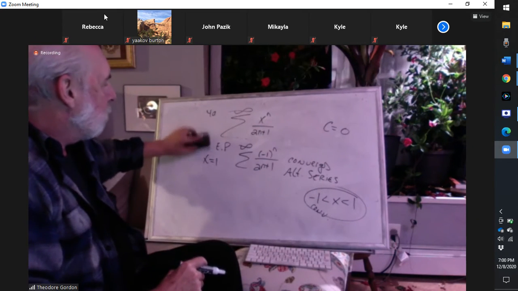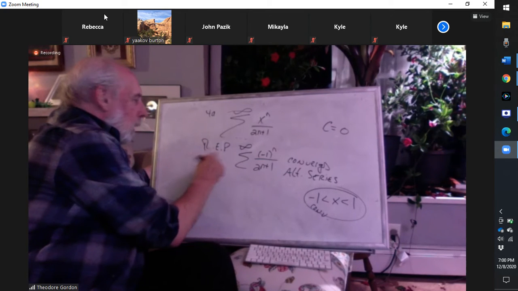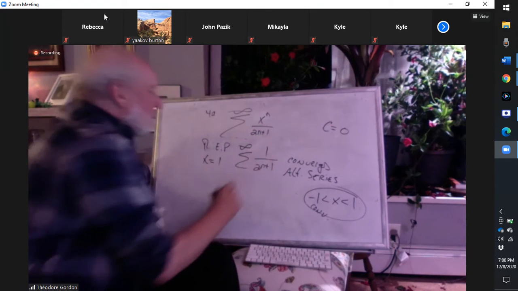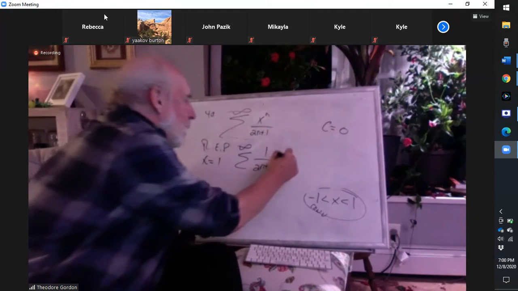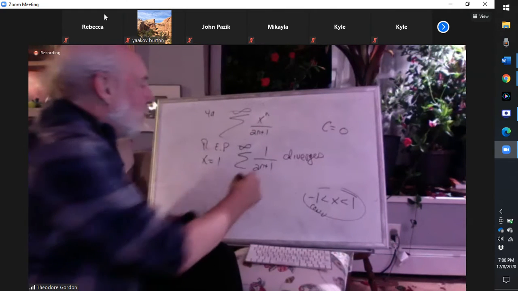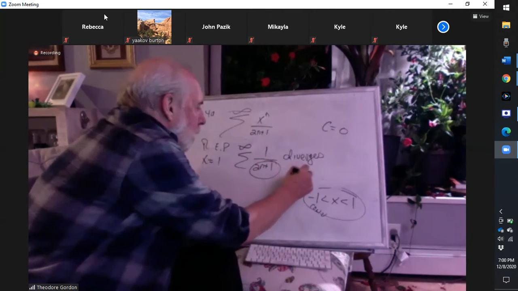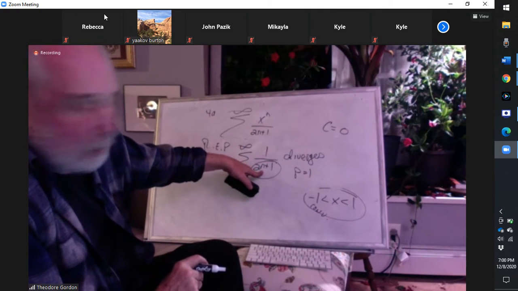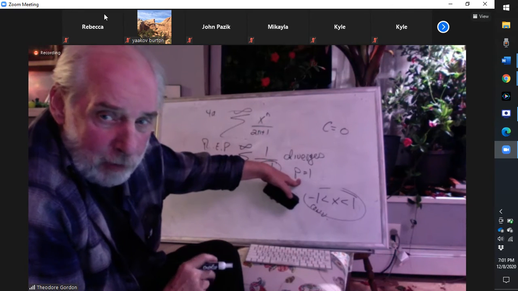When we look at the right endpoint, x is equal to 1, that just gives us this. If x is 1, we just get 1 over this, and this diverges. It diverges because down here, the exponent on the n is a 1, and so a p-series converges when that number is greater than 1.